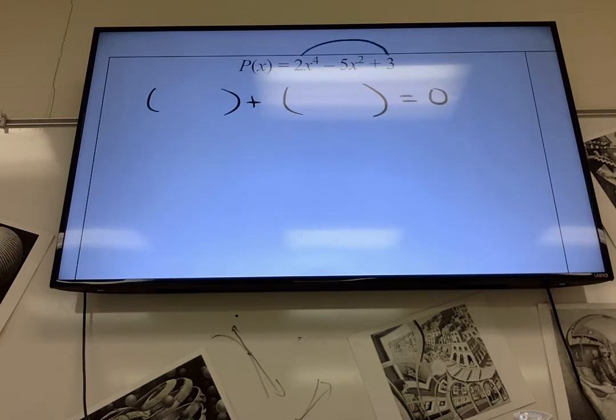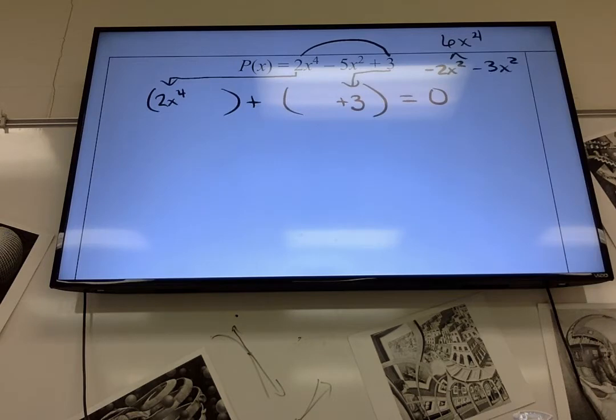I multiply these 2 together, and I put this first one here and this last one at the end. When I multiply those together, I get 6x to the 4th. So 2 numbers that multiply to give us 6, but add or subtract to give us -5: -2 and -3, x squared.